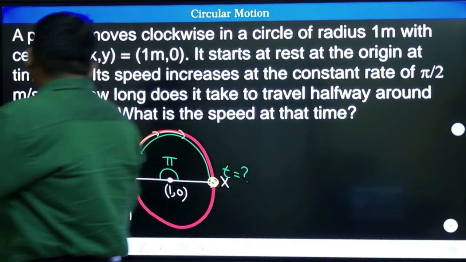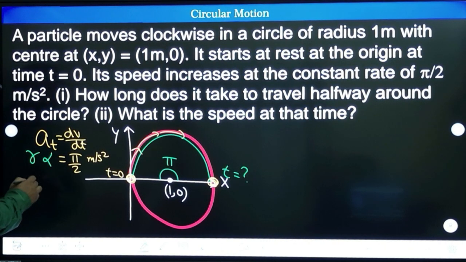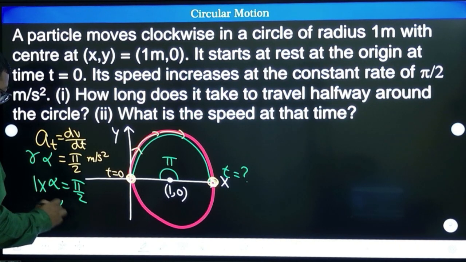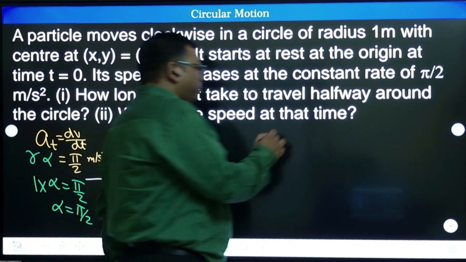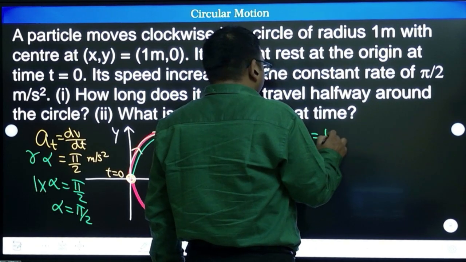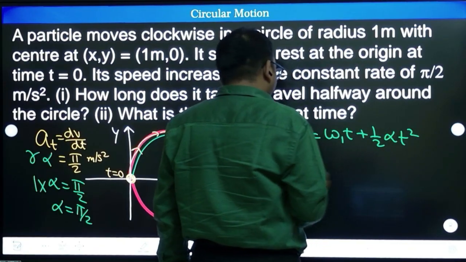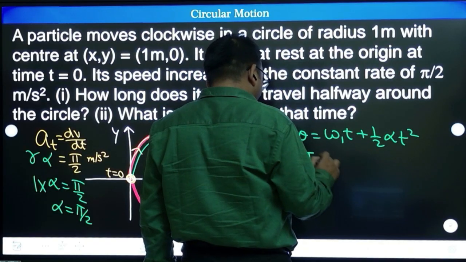Tangential acceleration is r alpha. R is given as 1, so alpha is pi by 2. Then we can use the angular displacement formula: delta theta is omega 1 t plus half alpha t square. If I take clockwise positive, then I write this as pi.